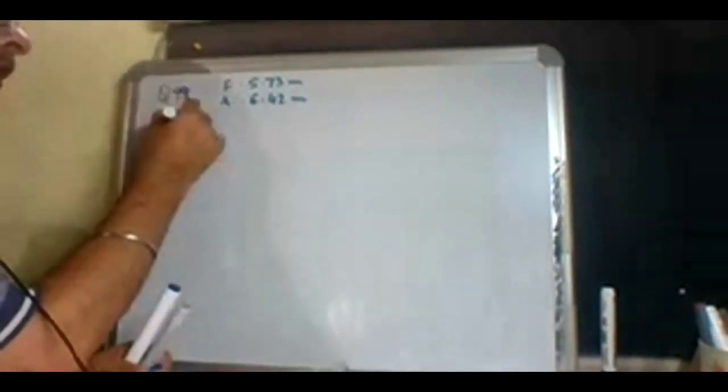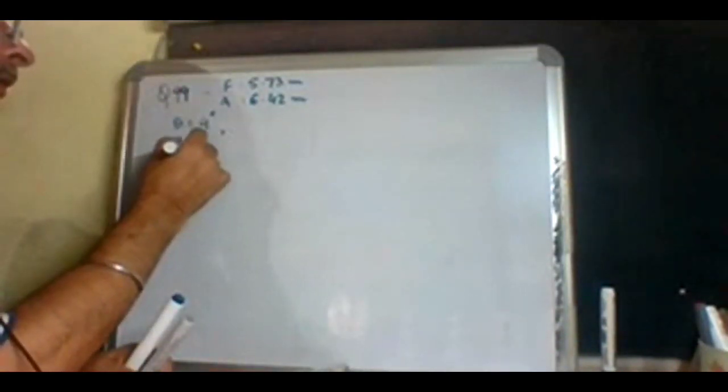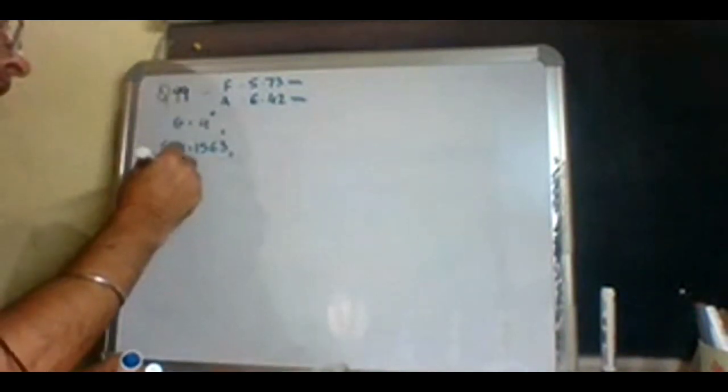And she is at an angle of Loll, so theta is 4 degrees. FSM is 1563. Assuming the ship to be wall-sided, calculate her KG.